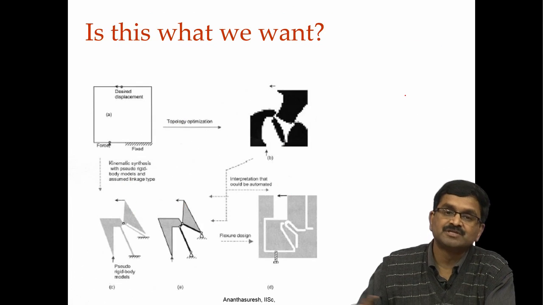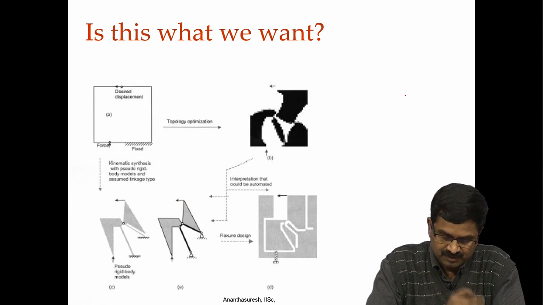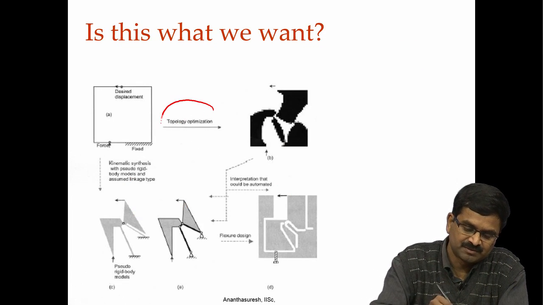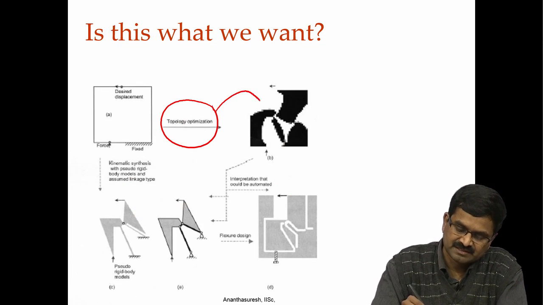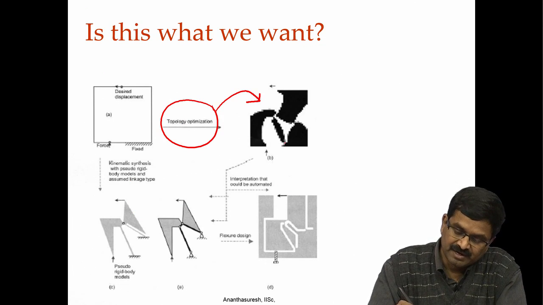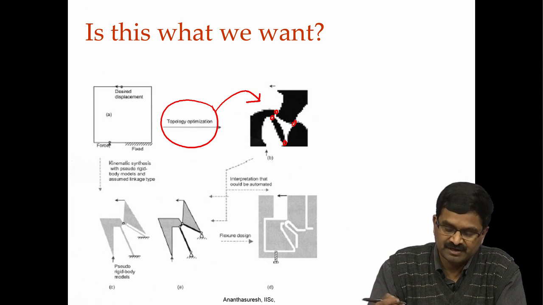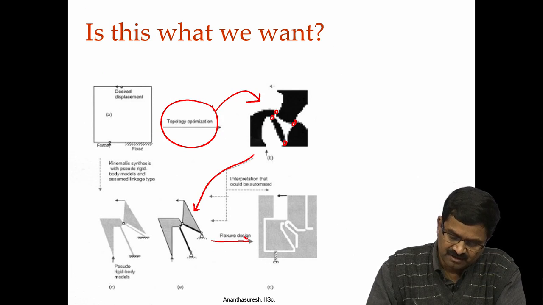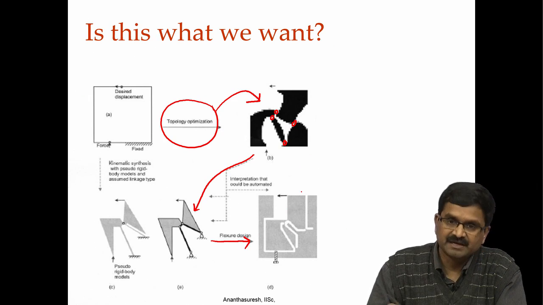So, what do we mean by distributed compliance? So, again if you look at what we have, if you solve a topology optimization problem, let us say we get something like this, we immediately see that there are joints, there are 4 joints, 4 bar linkage, very often it happens. So, you can go there and then from there you can get to the flexure design again by taking a sheet of material and cutting out all this.